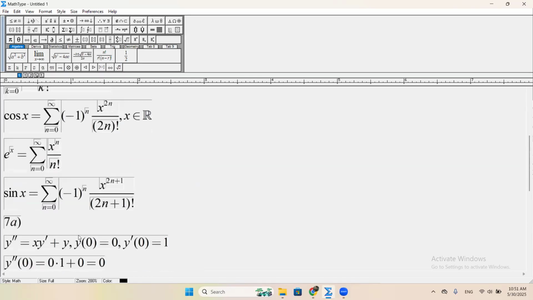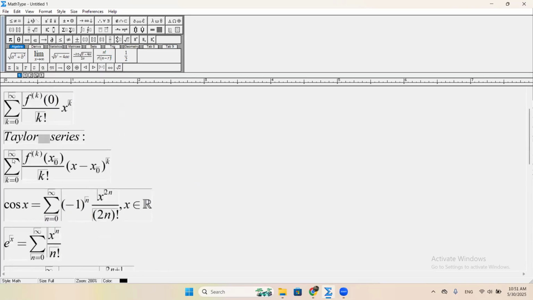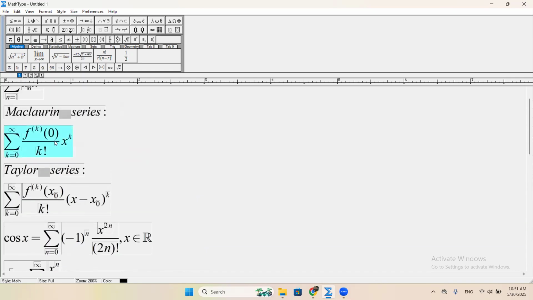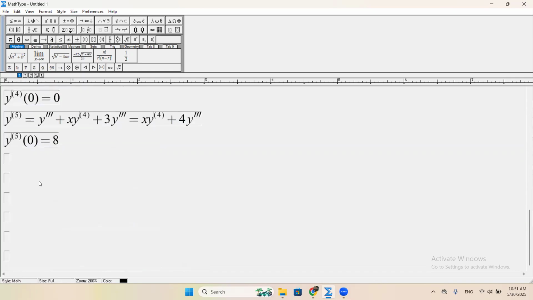So let's write it down into the Maclaurin series. So y equals the following. So writing down just the first terms.